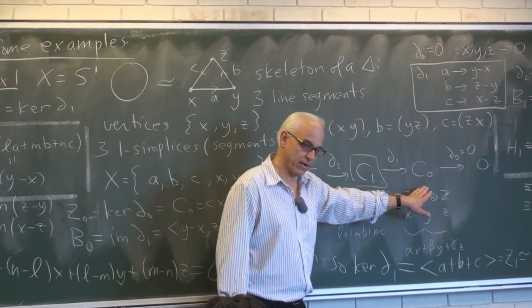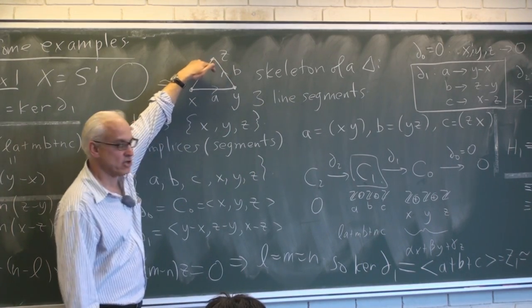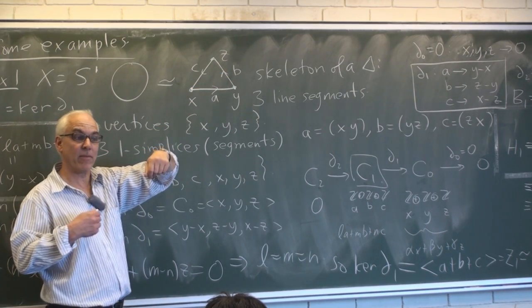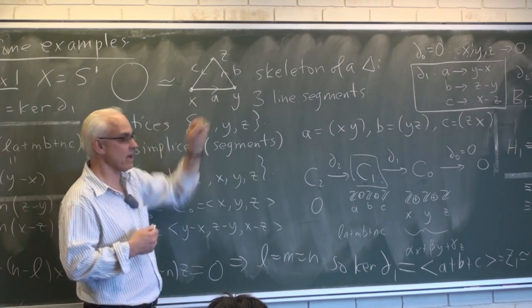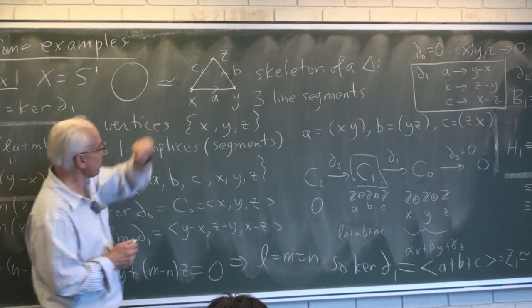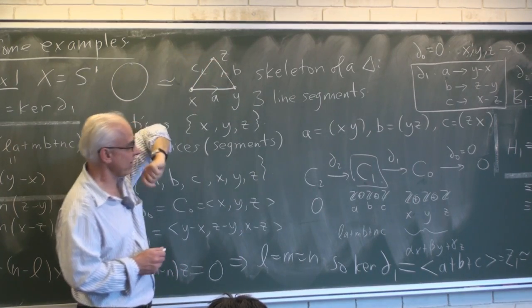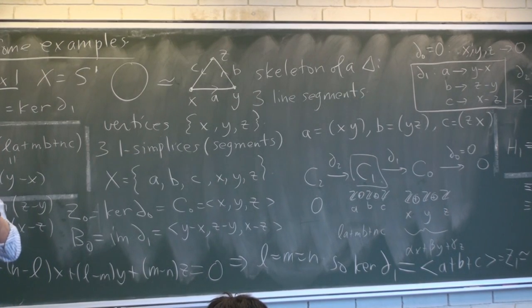But what is a boundary? Well, a boundary is just the image of all the edges. In other words, the difference between final and initial endpoints of every edge. So the boundary always consists of things like y minus x plus z minus y plus x minus z. And when you mod out by that, you're basically equating all of the vertices.